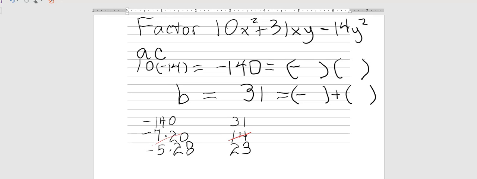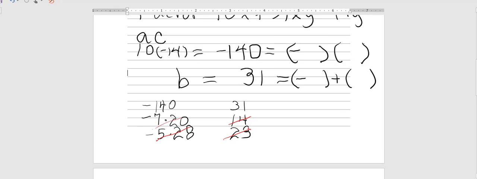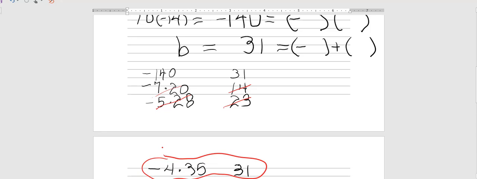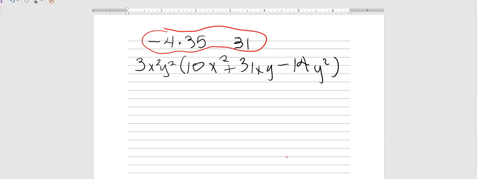Negative 5 times 28 gives me negative 140, but only adds to 23. So I'm going to try 4, which goes into 140 35 times. So negative 4 times 35 gives me negative 140, and adds to give 31. So these are my two integers.